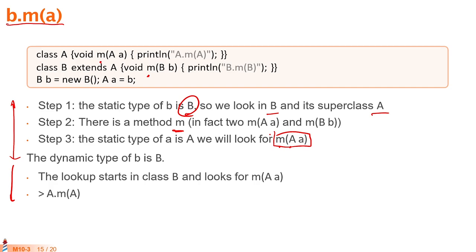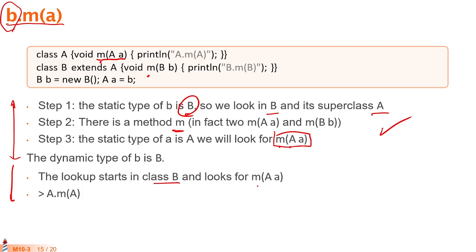We check the compiler at compilation time. The static type checker will check that there is such a method, and yes, in the superclass there is the method that we are looking for. So we can compile, and eventually we are going to execute. When we execute our code, the dynamic type of the variable b is the class b, so we start the lookup from this class.